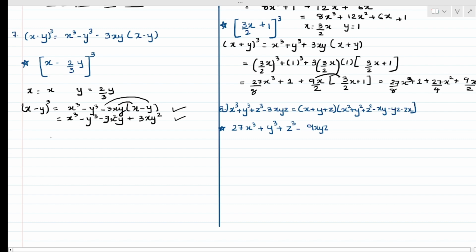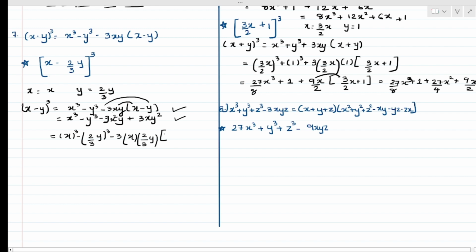In my case, what is my x? It's x. So, I will write x the whole cube minus, instead of y, I will write 2 by 3y the whole cube minus 3 times, what is my x? It's x. What is my y? You will write 2 by 3y.